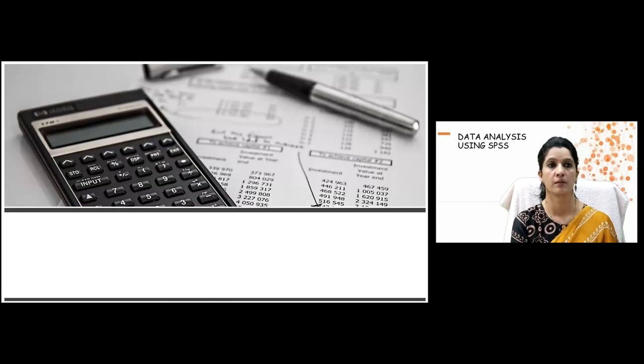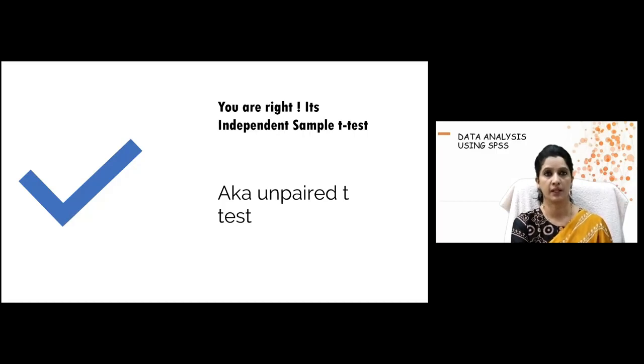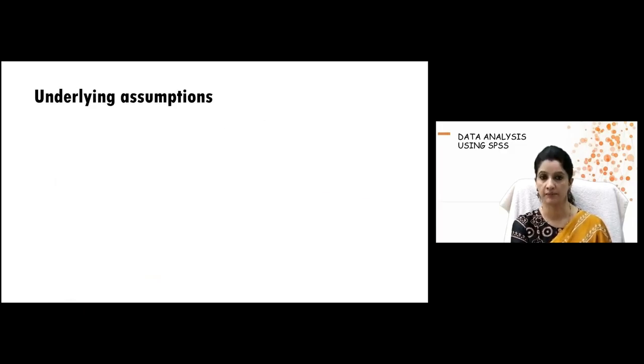So the appropriate statistical test would be a test which checks the difference in the average score across a binomial variable, and the choice of the test in this case is the independent sample t-test, also known as the unpaired t-test. The other names of the independent sample t-test are the student t-test, unpaired t-test, or between subject t-test.